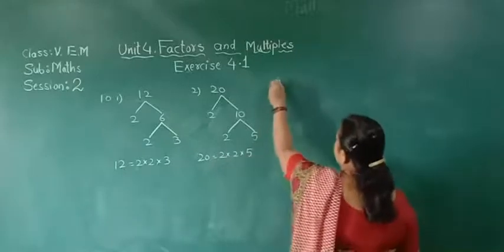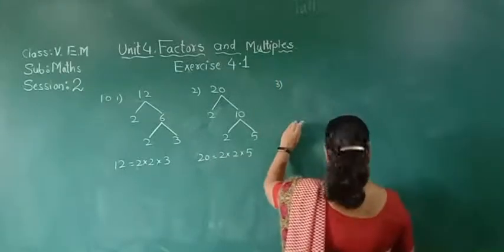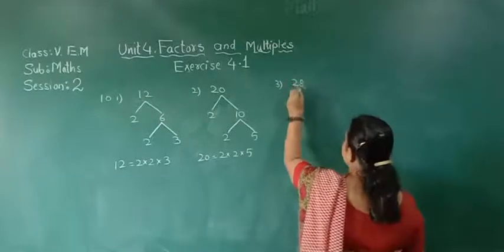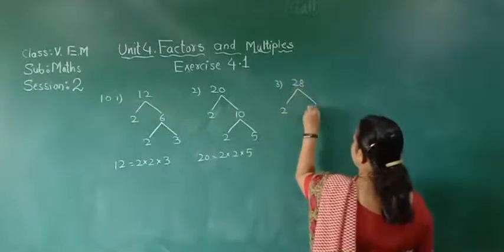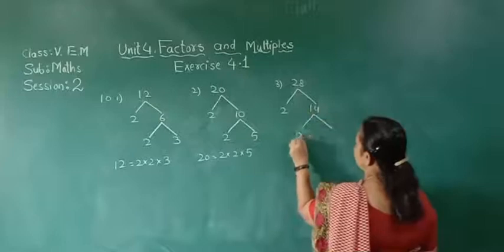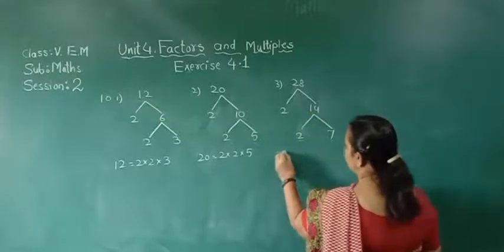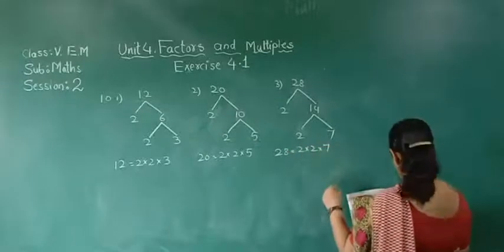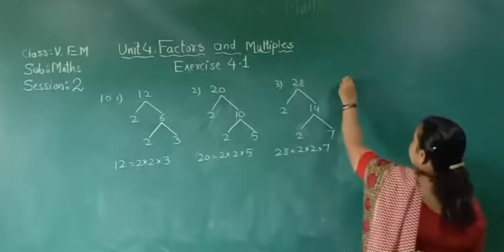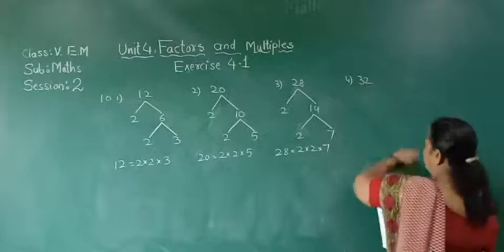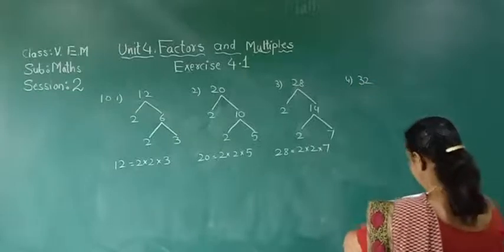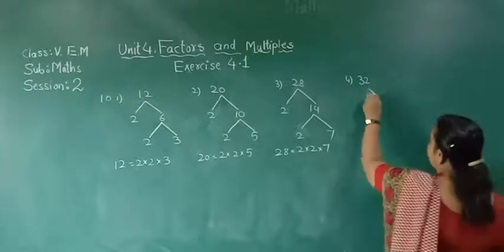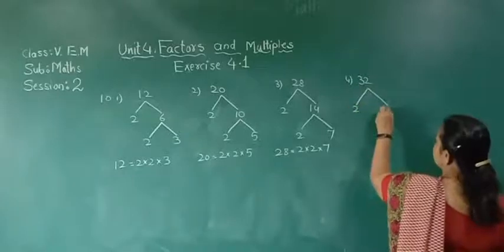Then third one, it is 28. So again here 2 14s are. Then 14 you can write 2 7s are. So 28 is 2 into 2 into 7. Then after 28 it is 32. Next number is 32. How do we write 32? 2 16s are.